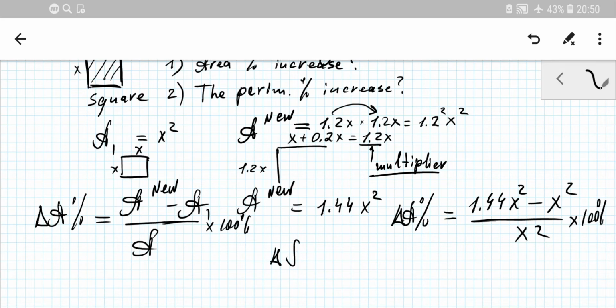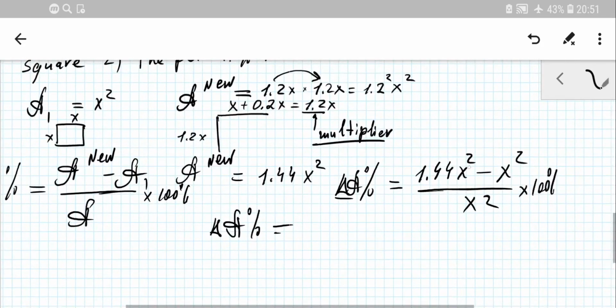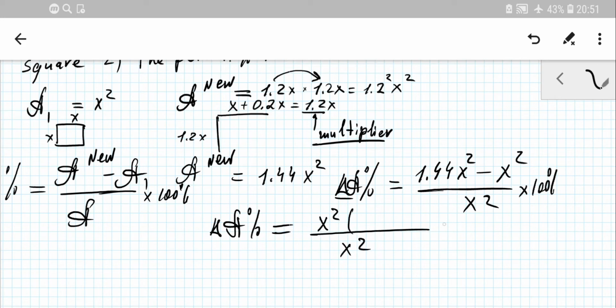So change in area, delta stands for change. You've got x squared factorized in the bottom part, and here you've got the following: 1.44 and you subtract 1, right?